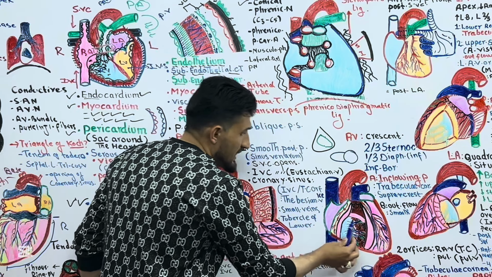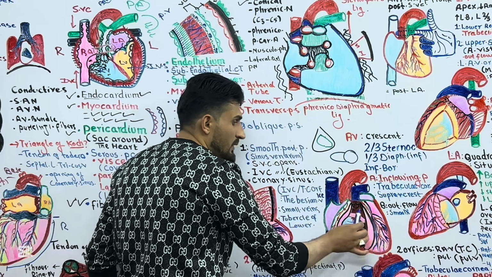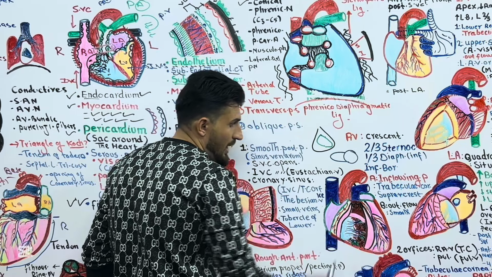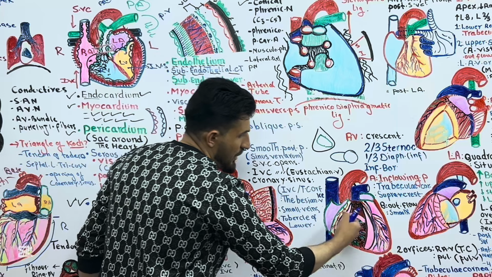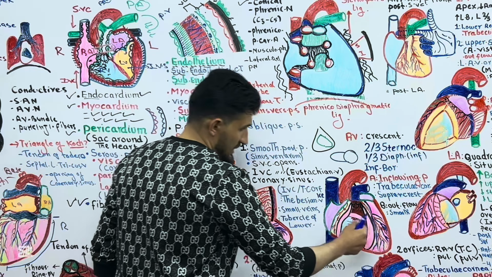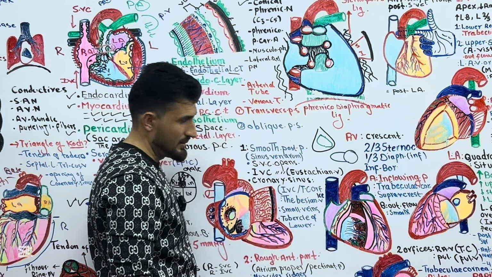The inflow part of the right ventricle is separated from the outflow part by a thin muscular ridge, which is called the supraventricular crest.